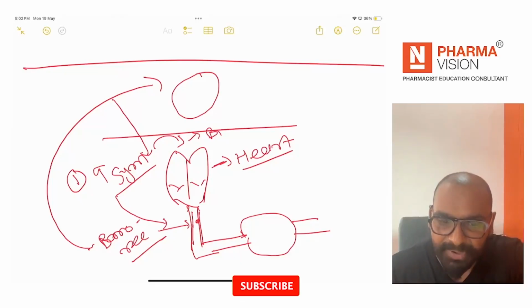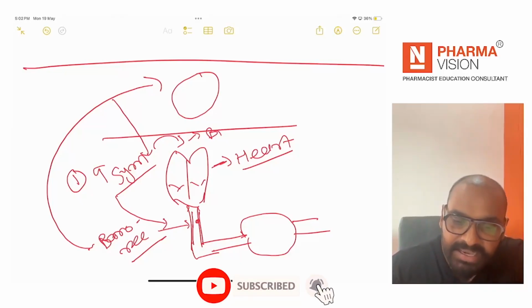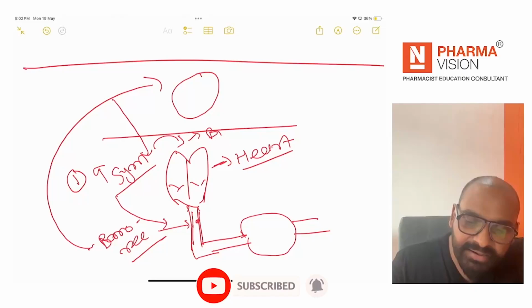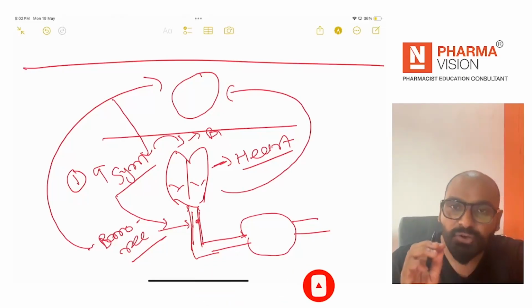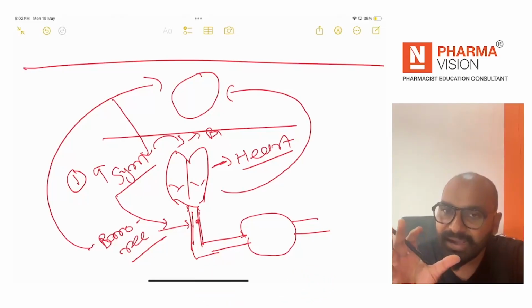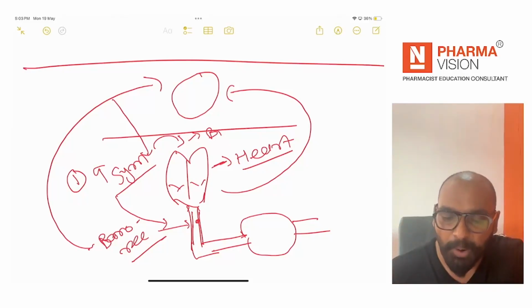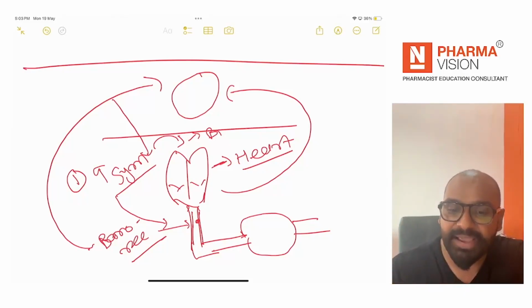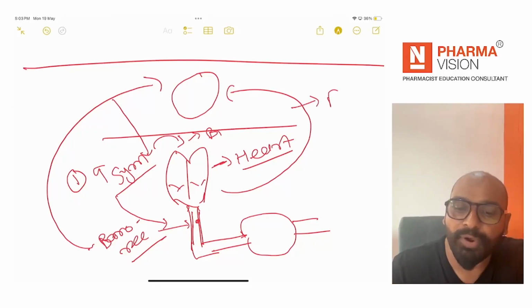The second compensatory mechanism is the brain getting a signal that we don't have enough heart outflow. The heart is not pumping properly. That means they might be short of fluid.